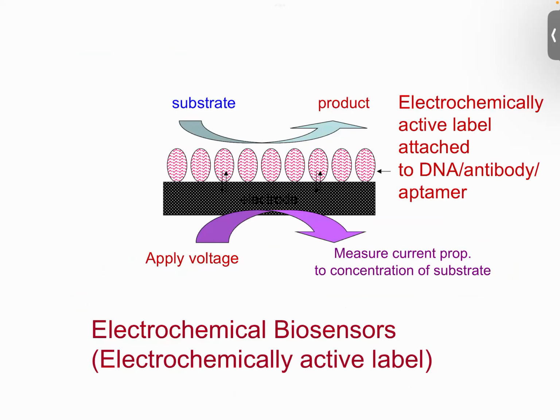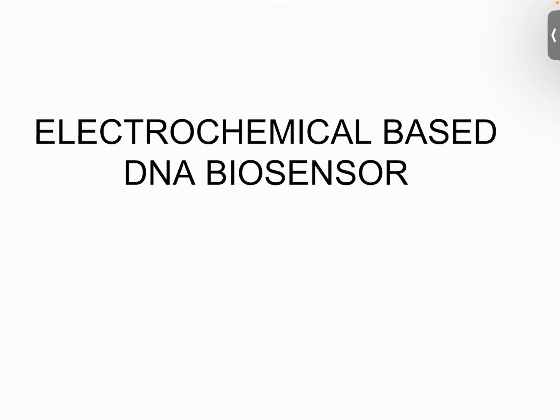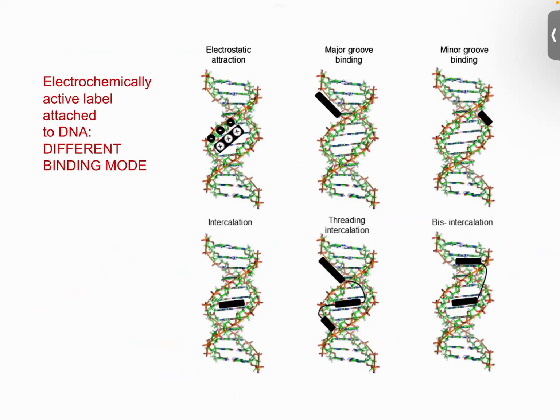Okay, electrochemical biosensors. This is what we have learned. Remember the hybridization of DNA, we have probe DNA, and then we have target DNA. You have a good hybridization forming what we call double-stranded DNA.